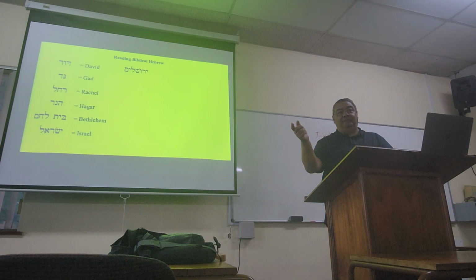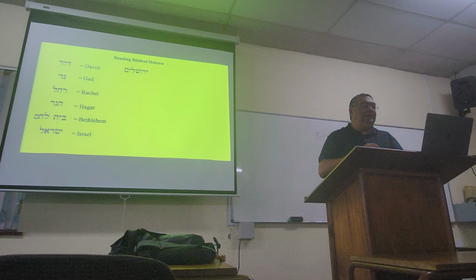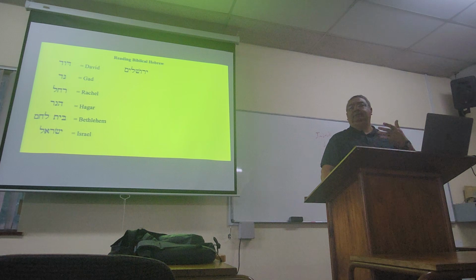The dot is on the right, remember. When the dot is on the left, it's sin. When it's on the right, it's shin. So shin, then a lamed, then a yod, and a final mem. Trying to say that consonantally becomes Yerushalayim without vowels. Yerushalayim, with vowels. The word for Jerusalem.